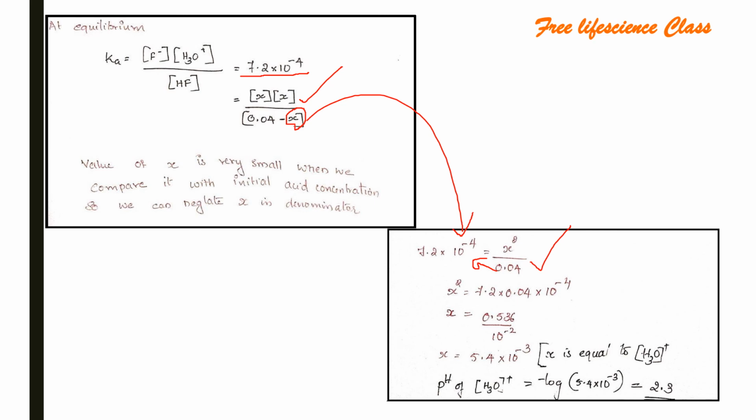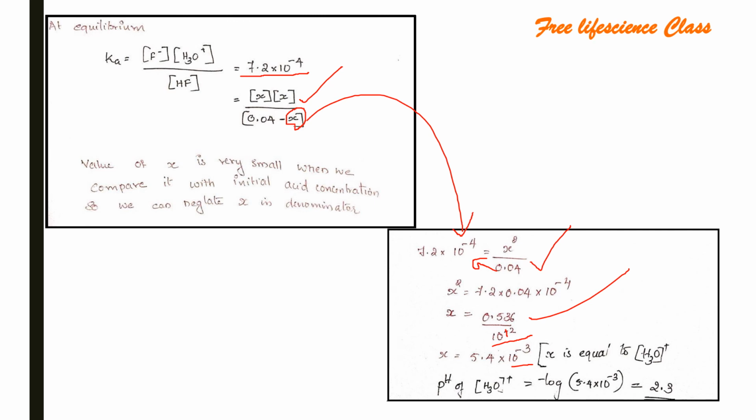Then take the root of this value, you will get 5.36, and rounding off to 5.4 and shifting the decimal point, that is 5.4 into 10 raised to minus 3. Here it is 10 raised to minus 2. Not minus 2, it is plus 2. It is written in the denominator, so it is plus 2.